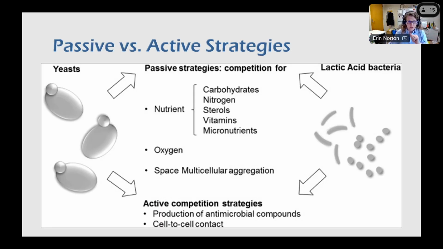So this is just a diagram from one of those resources, talking about the passive strategies. Both yeasts and lactic acid bacteria tend to have these strategies, and it just depends on the different strains and the different species which ones can participate in what.